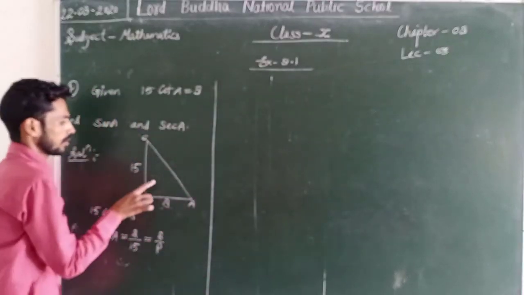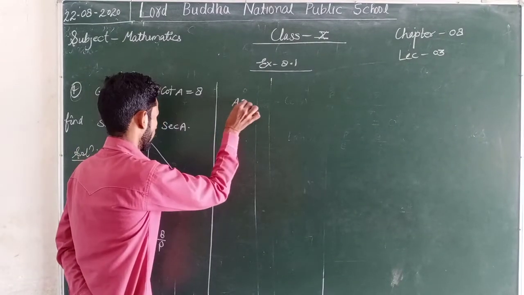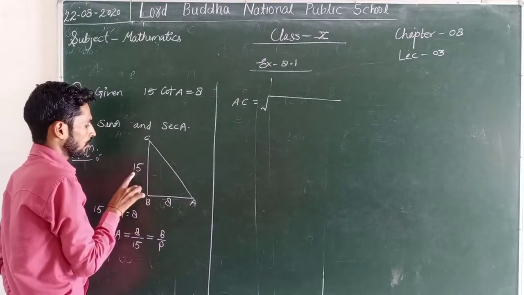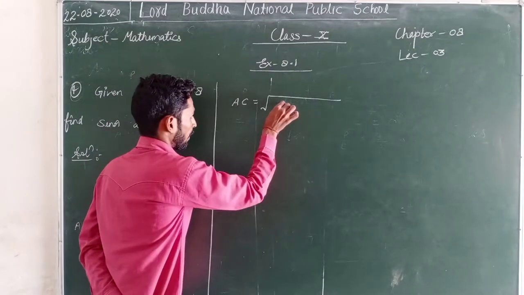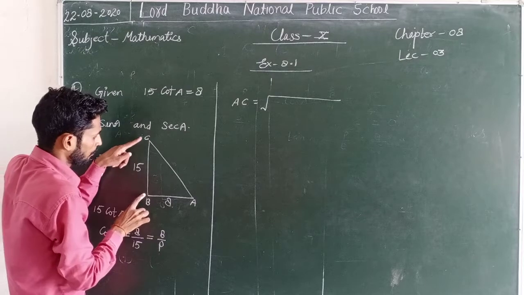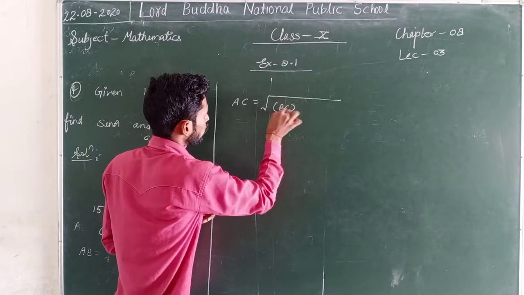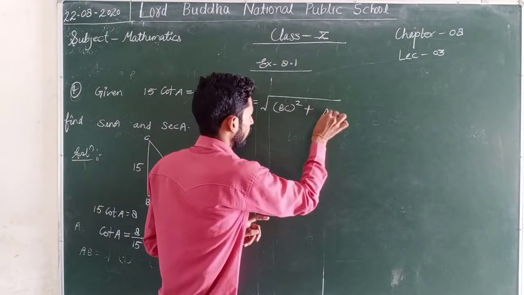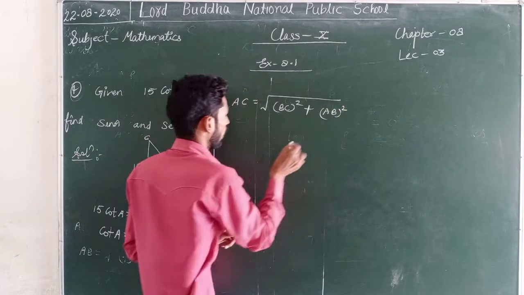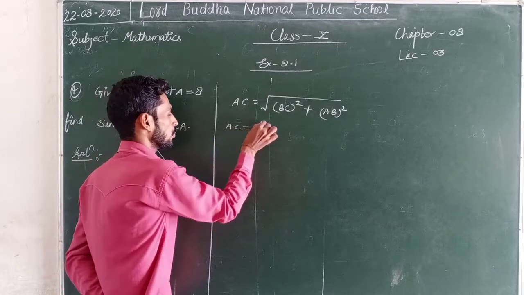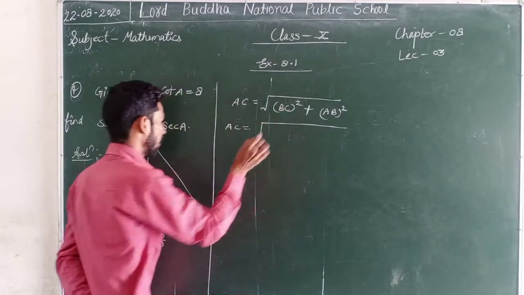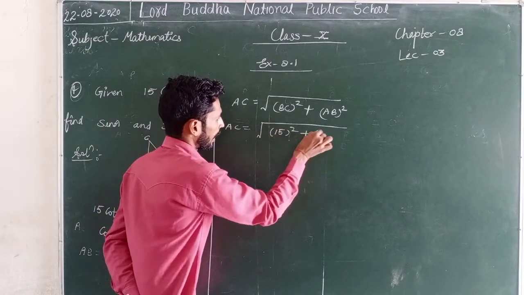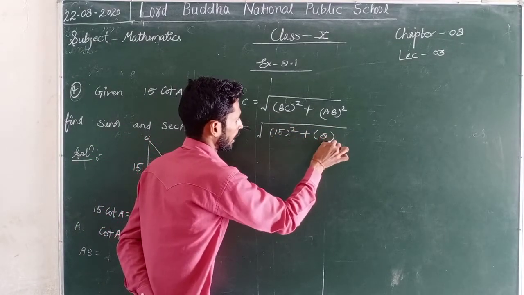So we are going to find the value AC, that is equal to, by the Pythagoras theorem, square root of perpendicular square, that is BC square, plus base square, that is AB square. Now AC equals square root of, in place of BC we can put 15, and in place of AB we can put 8.